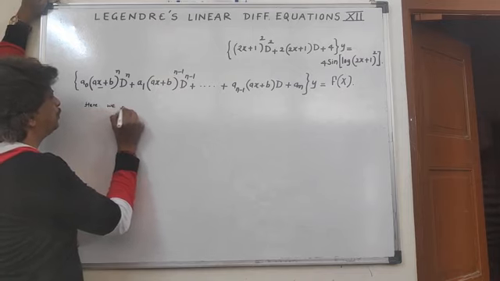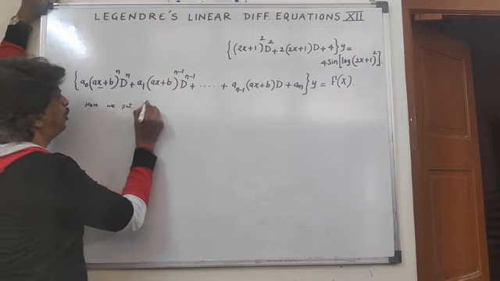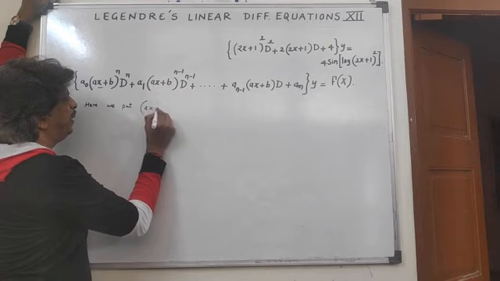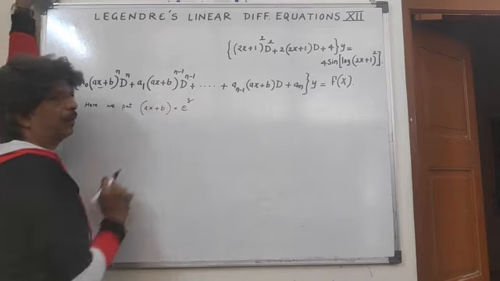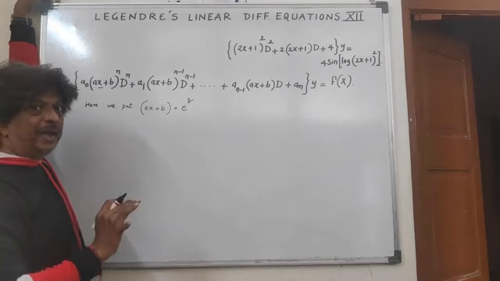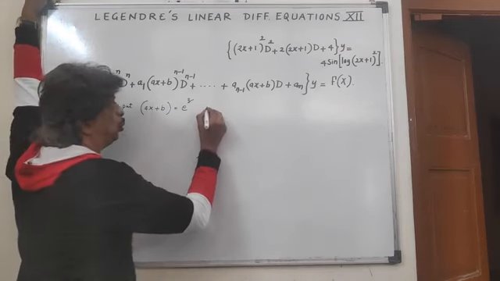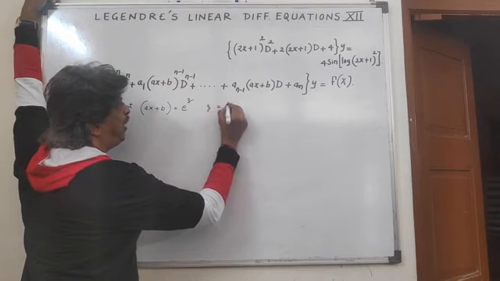What do we put? ax plus b equal to e power z, so that z is equal to log of ax plus b.